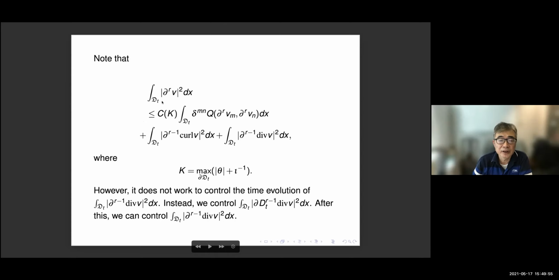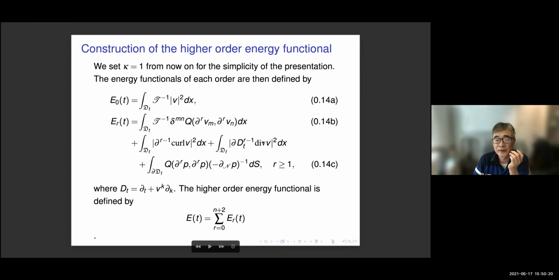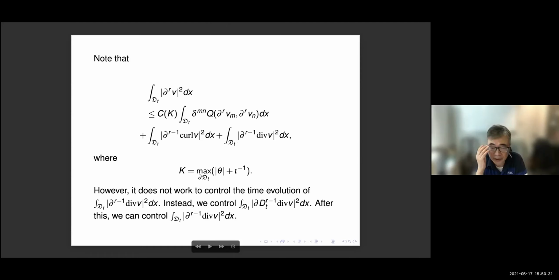This term is the starting point of the construction of this functional. For our problem, because this equation satisfies the divergence condition, it is given by this. But this is from the mathematical point of view.